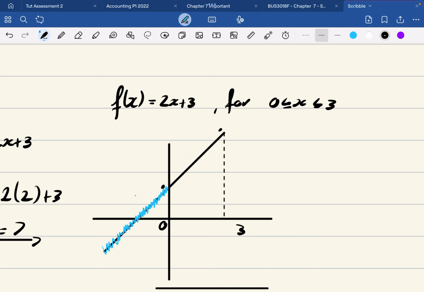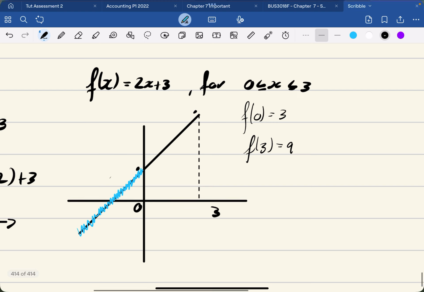So to find the range, we input our smallest value. So f of 0 is equal to 3, and f of 3 is equal to 2 times 3 plus 3, which is 9. So our range of our function is 3 less than or equal to f(x) less than or equal to 9. So that's why it's very important to draw your graph so you can see which values are important to plug into your function to see its range.